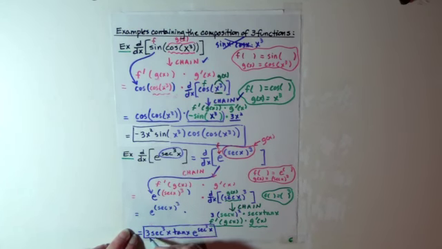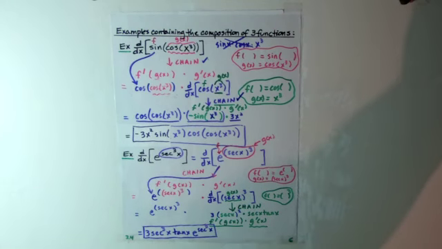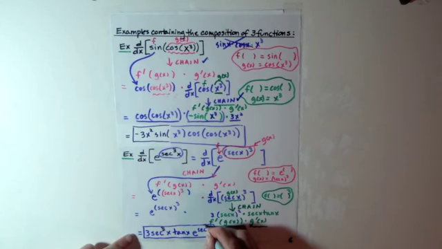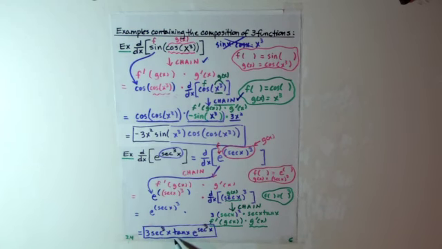I'll write it with a black pen so that you can actually see those exponents. This is a 3, and this is a 3. So it's 3 secant cubed x times tangent x times e to the secant cubed x. And that's how we would usually write our final answer.